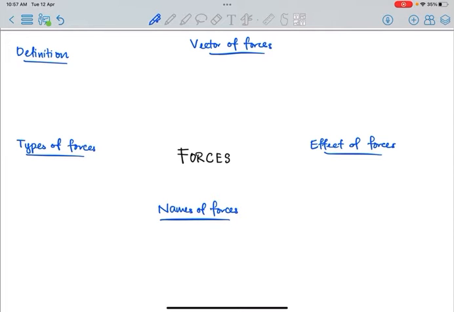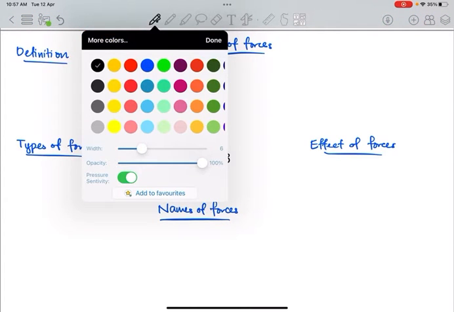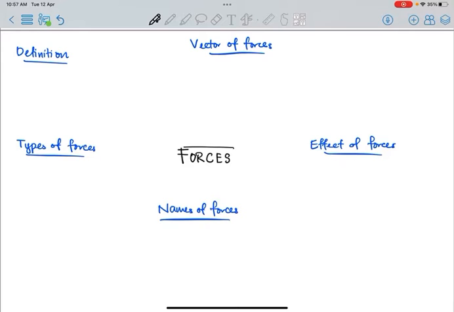So what are forces? A force is basically a simple idea of a push or a pull. By definition, we can say that a force is a push which is experienced by an object, or a pull which is experienced by the object. Whenever we are moving a thing on the table, we are either pushing it or pulling it.